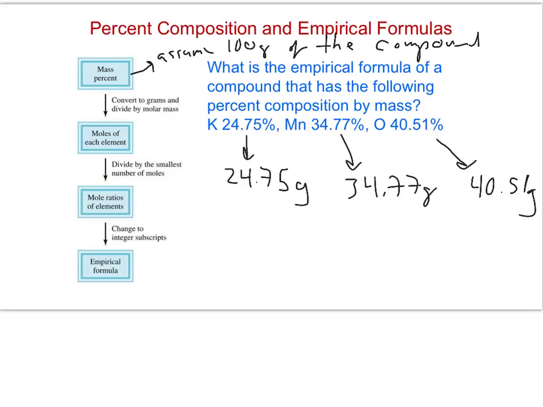And then next you must convert these to moles. And we'll talk about why that is momentarily. But to convert from grams to moles, by this point you've done conversions, you use the molar mass. So if we look at the periodic table, the molar mass of potassium is 39.10 grams per mole.